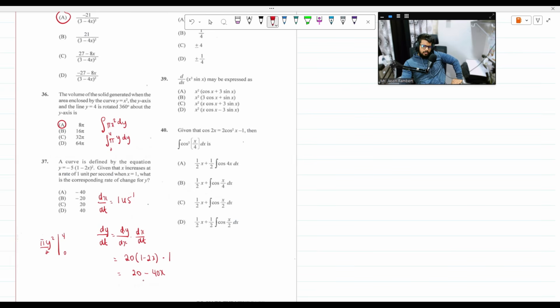When x is equal to 1, 20 take away 40 is going to be negative 20. So the answer for this is negative 20. So this one would be a little bit tricky reading it at first, because you're going to think you want to calculate dy dt by differentiating something in terms of t.